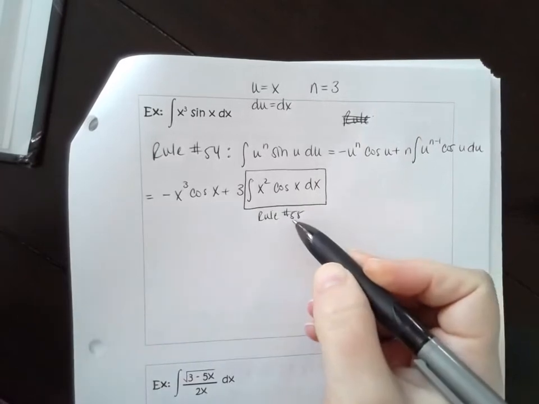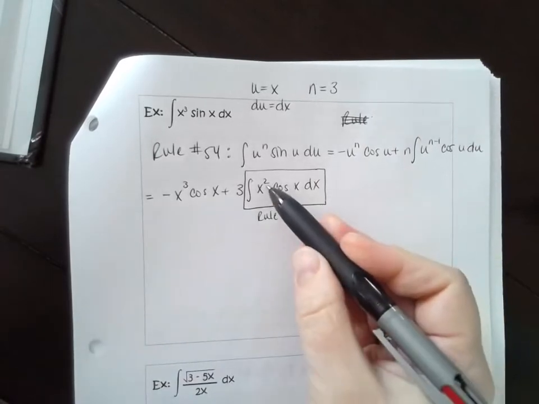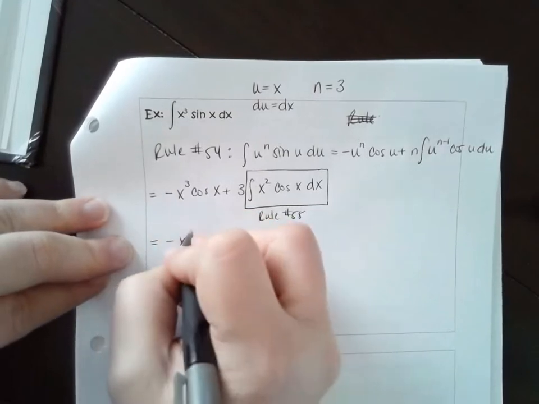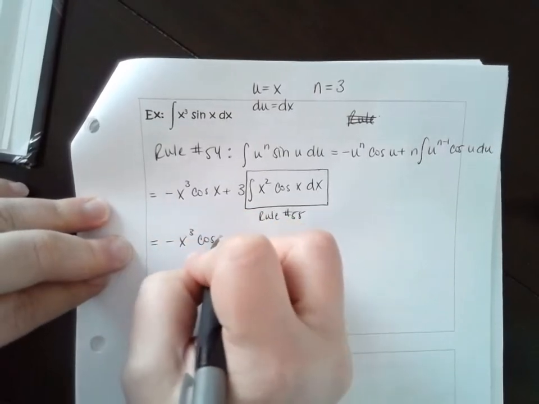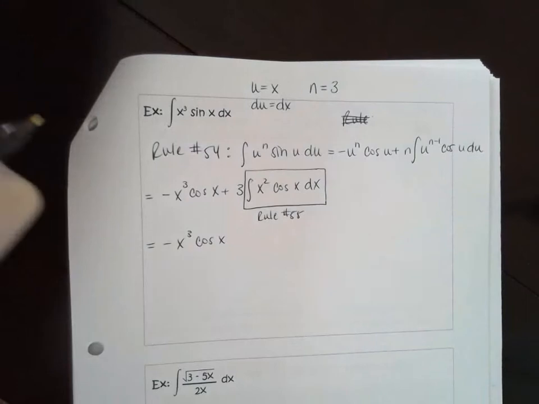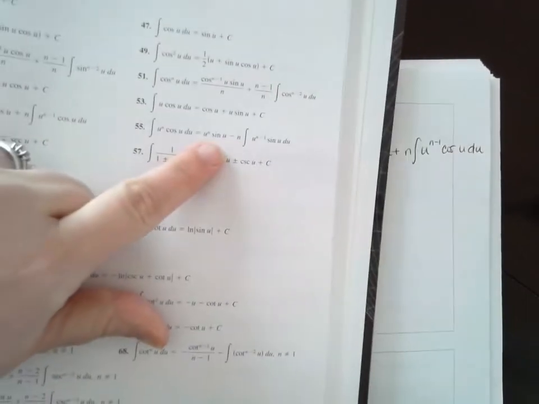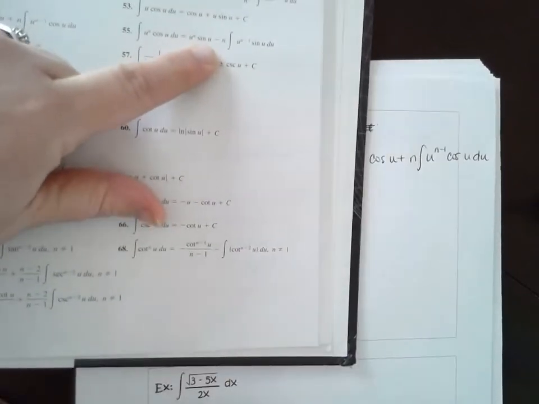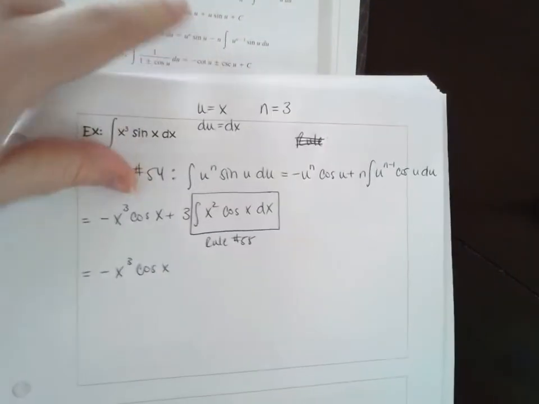Same idea as before, except now the n value is 2. I'm not going to write out what the rule is, but I will let you see it right here. This is what we can replace the integral of x squared cosine x with. I'm going to write that off to the side.